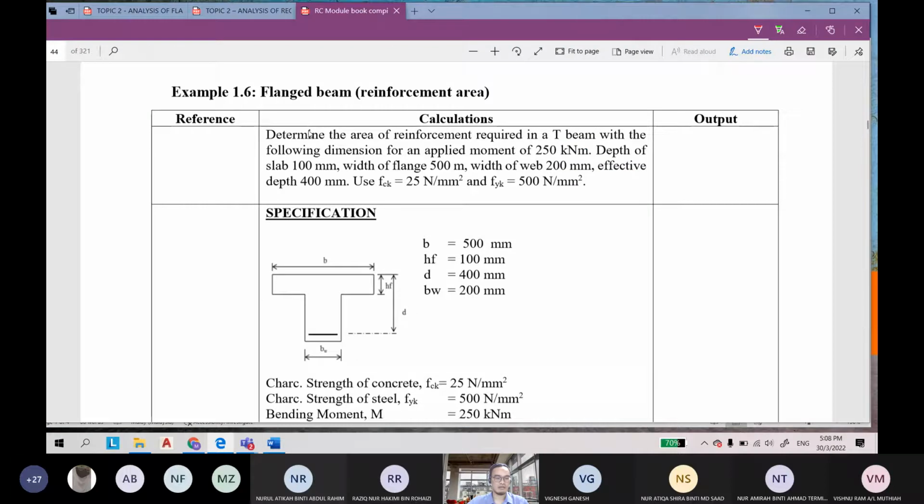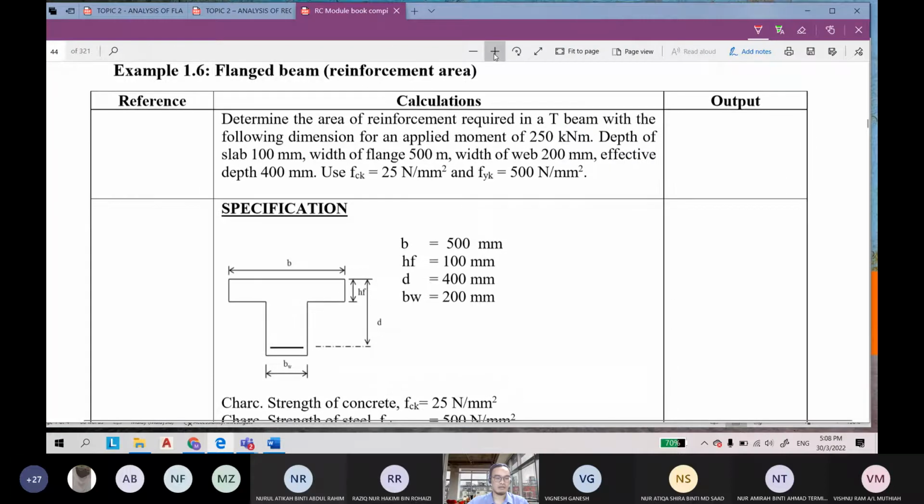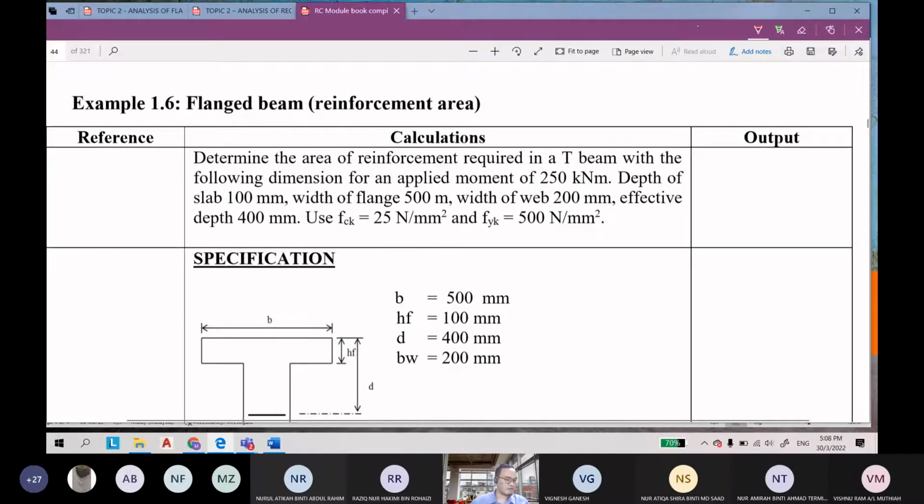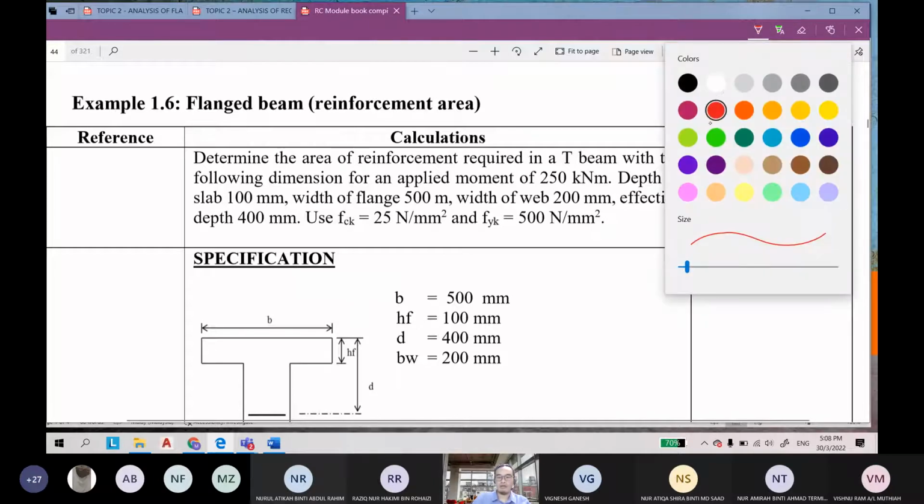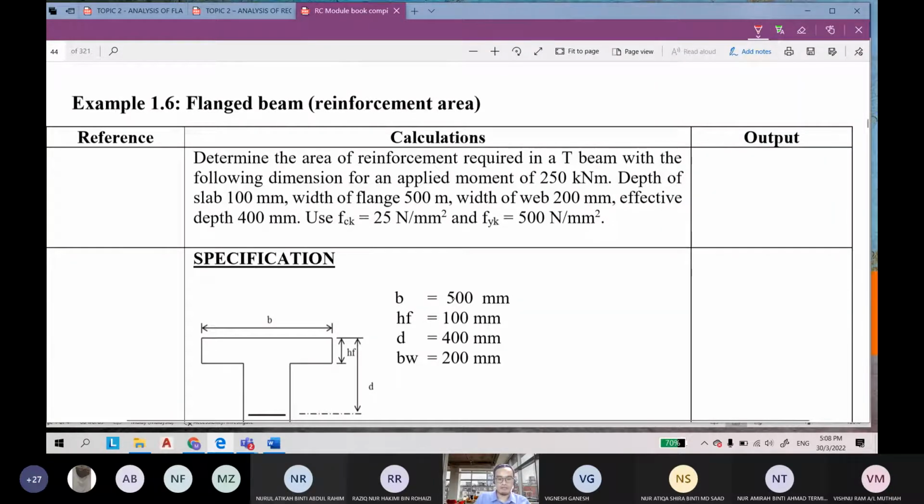Exercise number 7, this is the data. We have the T-beam, where the value of B is equal to 400 mm. The HF I want to be 135 mm.